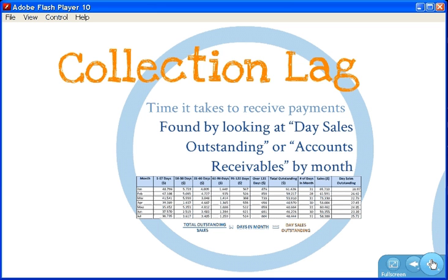Once billing is done and invoicing is done, there's the collection lag. So how long does it take for customers to pay you? There's basically two ways to find out. There's days sales outstanding and then accounts receivable. This more or less depends on your accounting system.